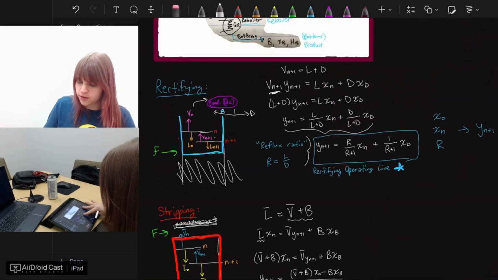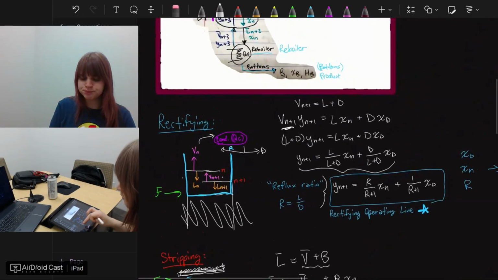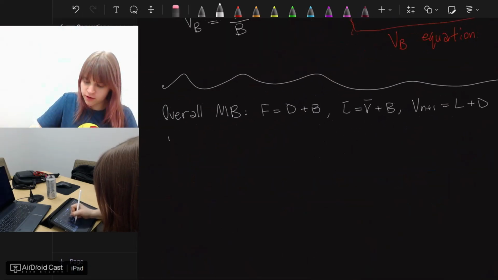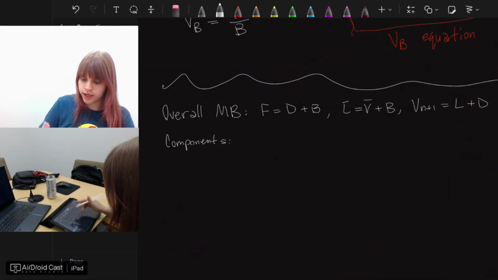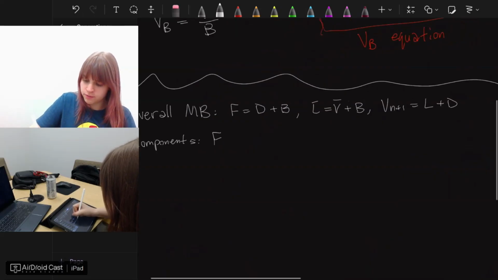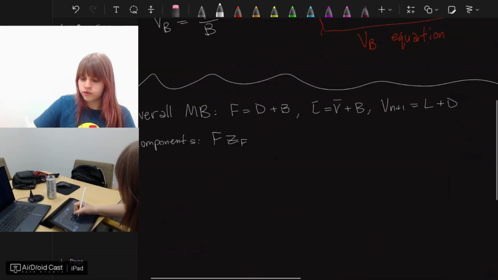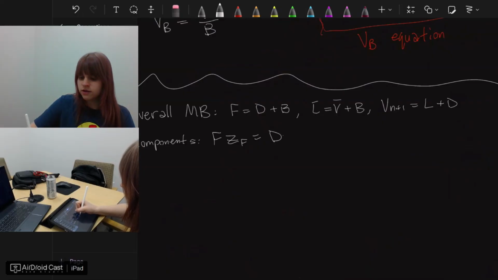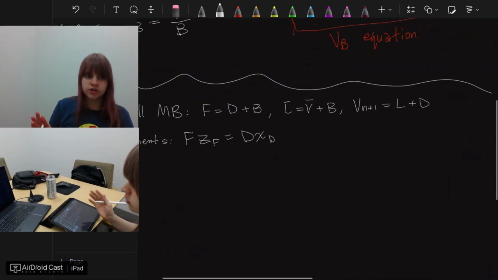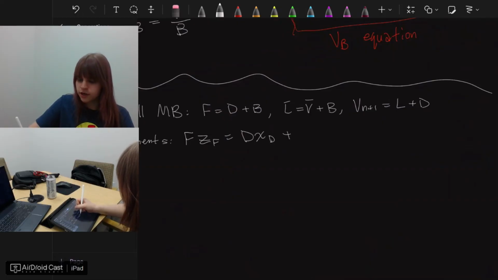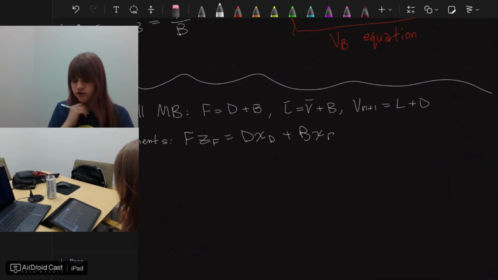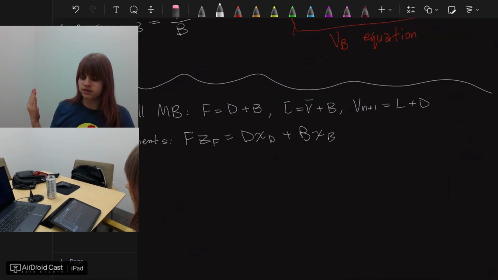I'm just taking everything from part A. In terms of components, we know that the feed times the composition of the feed is going to be equal to the distillate times the liquid composition of the distillate plus the bottoms times the liquid composition of the bottoms. And again, when I say composition of the distillate, I'm talking about the more volatile component.